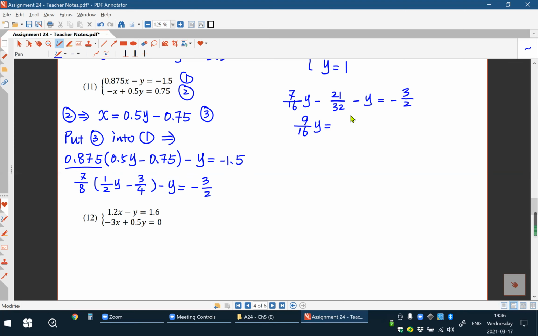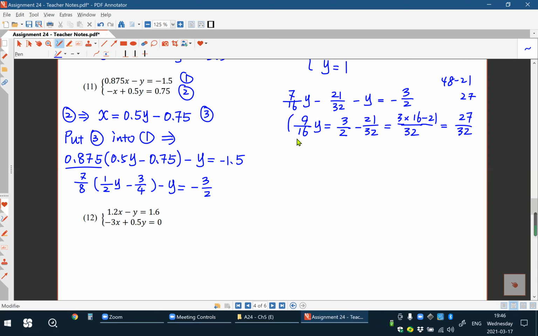9/16y equals 3/2 plus 21 over 32, which is 32 as a denominator, and then 3 times 16 is 48, plus 21, which gives you 27 over 32, right?